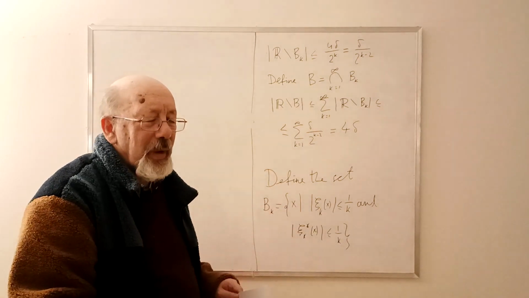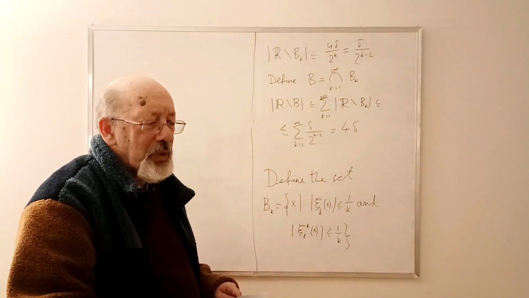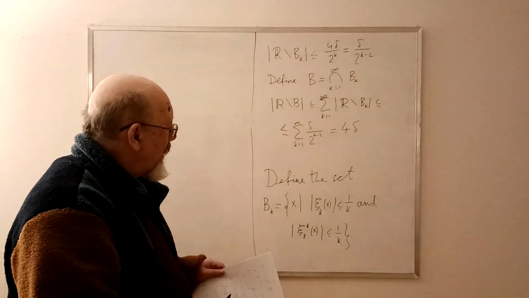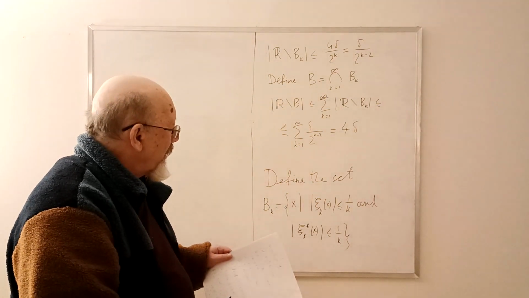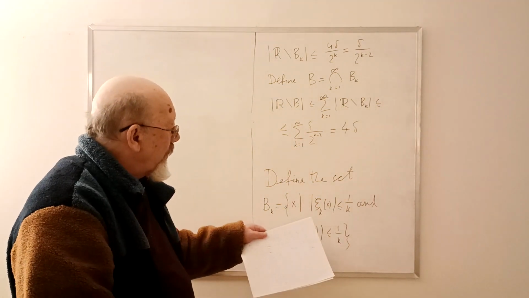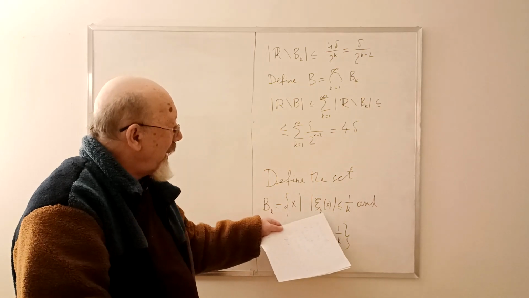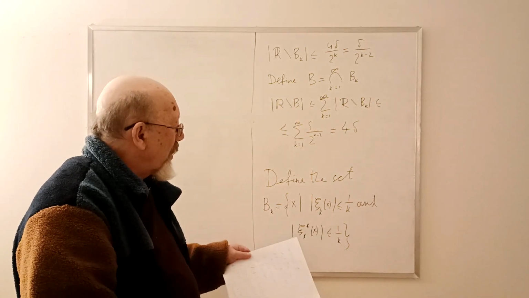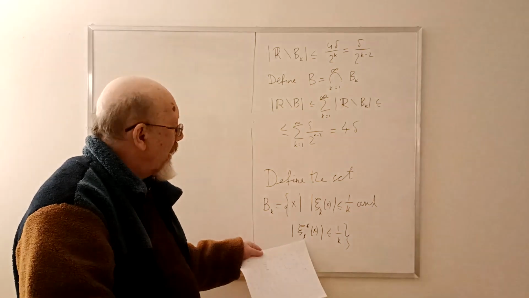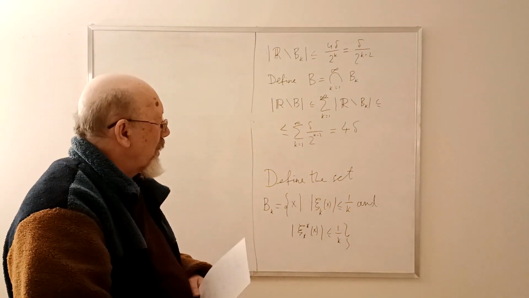It's not one function, it is a sequence of the function. And we consider the set where both the function ck is small and ck star is small.